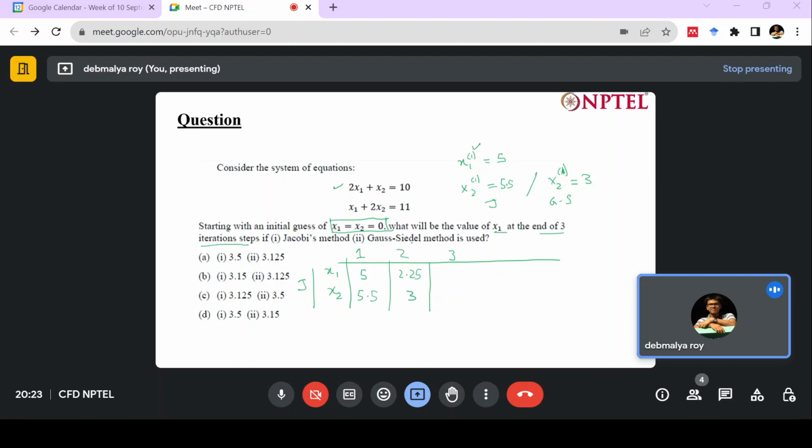In the third iteration, x2 is 3, so this is 7 divided by 2, this is 3.5.